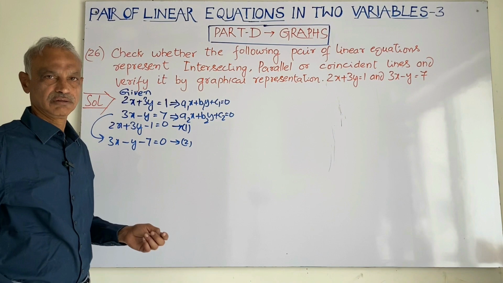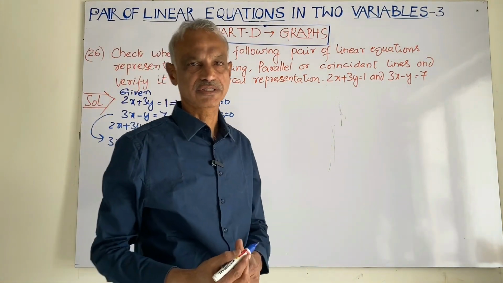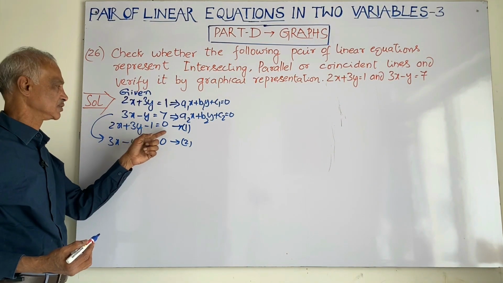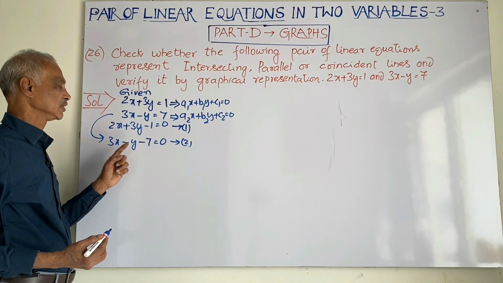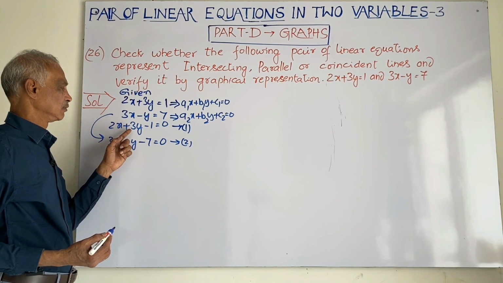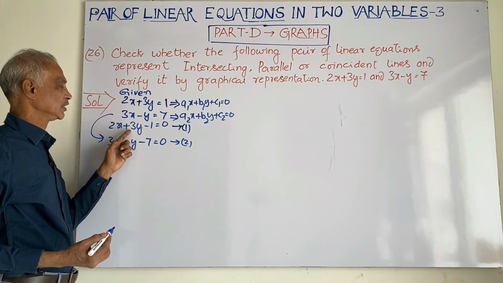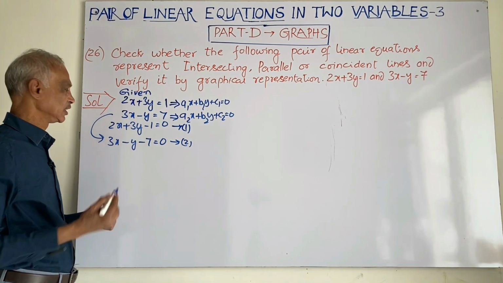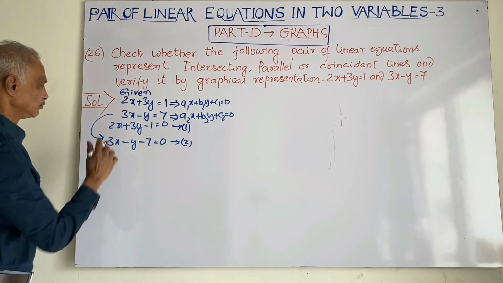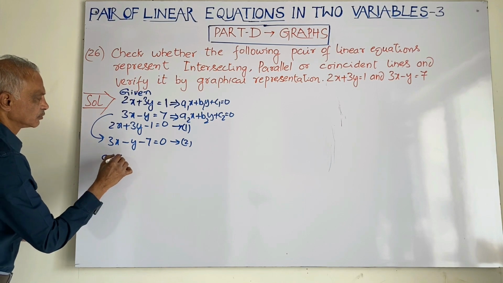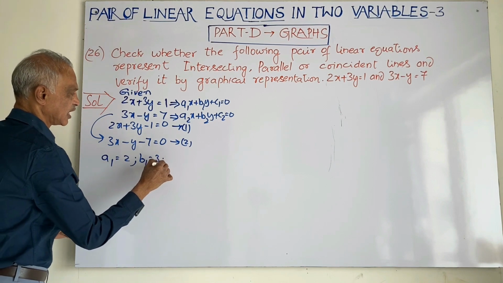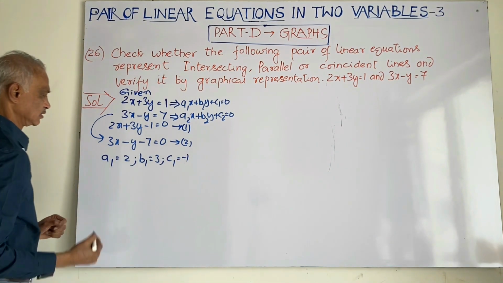We have a pair of linear equations a1x plus b1y plus c1 is equal to 0 and a2x plus b2y plus c2 is equal to 0. Here a1 is 2, b1 is 3, c1 is minus 1.